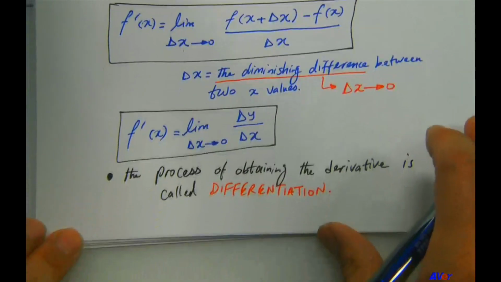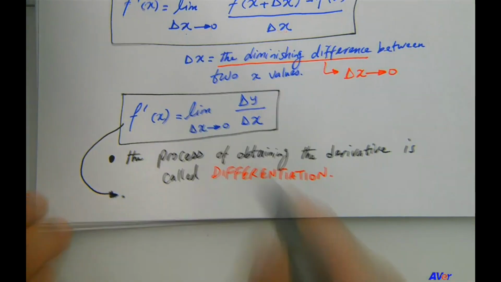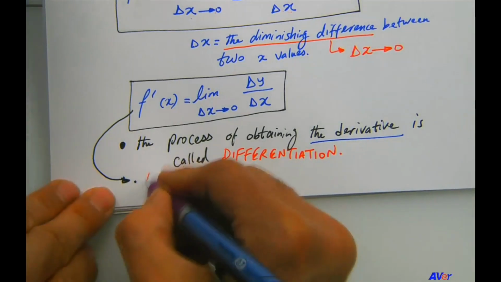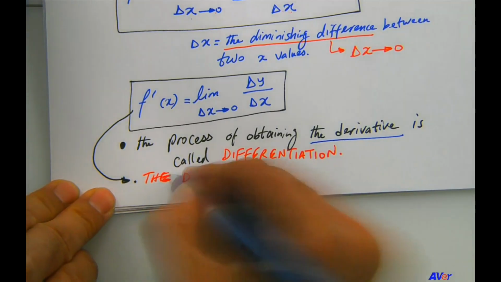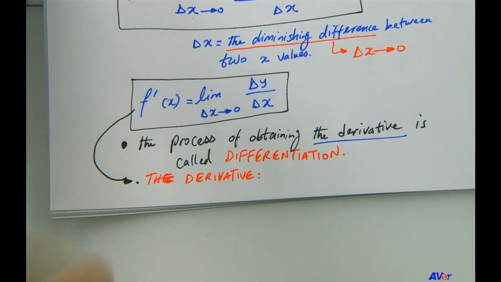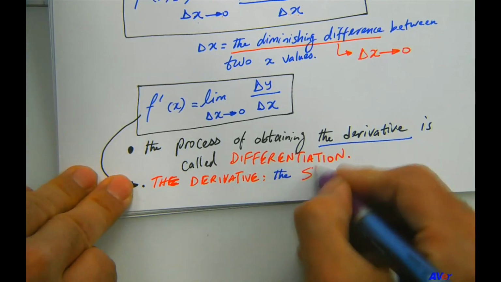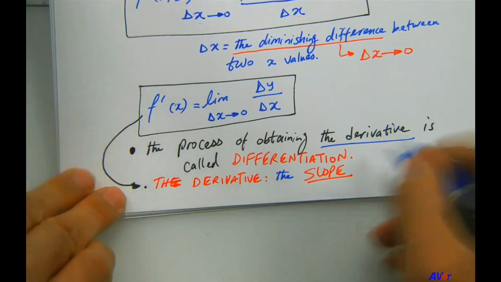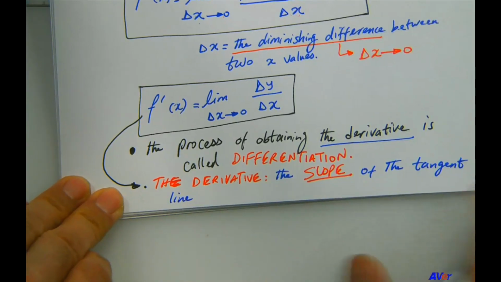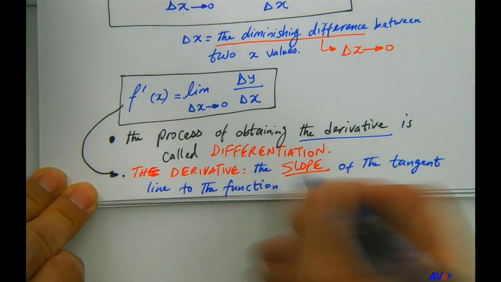But since we've just introduced it, why not mention it again here: so obtaining the derivative, and the derivative, of course, is the slope of the tangent line to the function at some particular point.